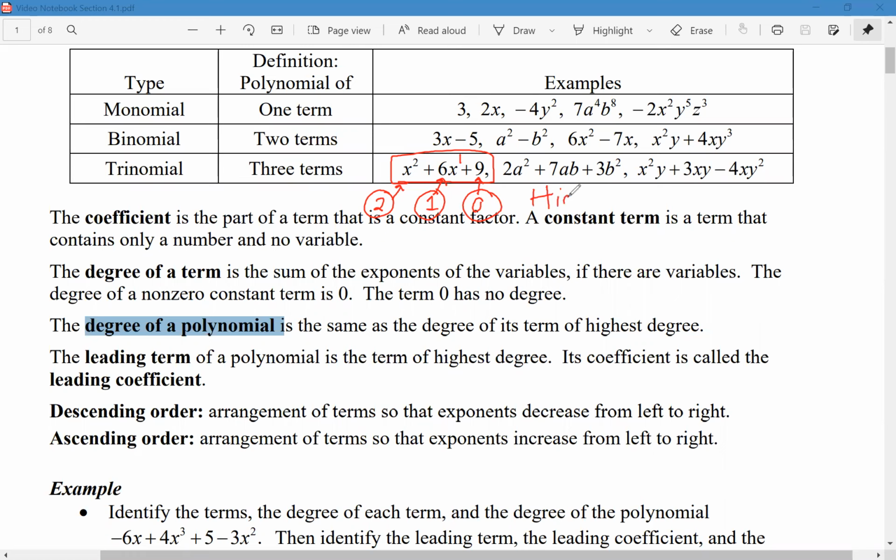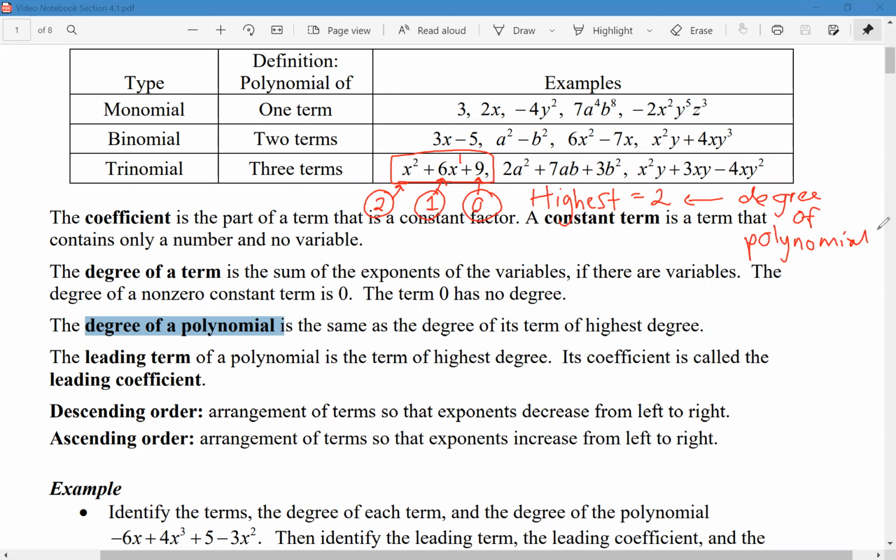The highest of those is 2. So the highest degree between 2, 1, and 0 is 2. Therefore, the degree of that polynomial is 2. So that's the degree of the whole thing, the degree of the polynomial. And again, we'll see more examples of that.